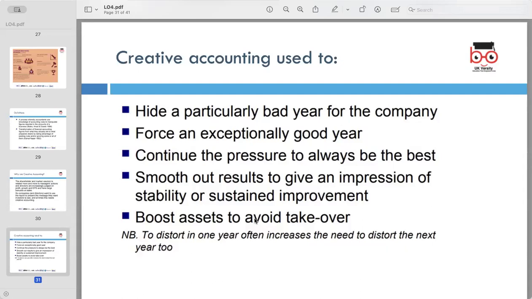Basically, engaging in creative accounting can create a cycle of distortion where the need to manipulate figures in one year may lead to a heightened need for future manipulation in subsequent years to maintain the appearance of financial stability or financial growth.